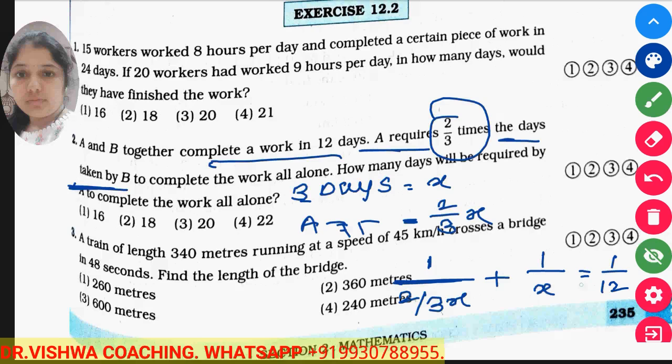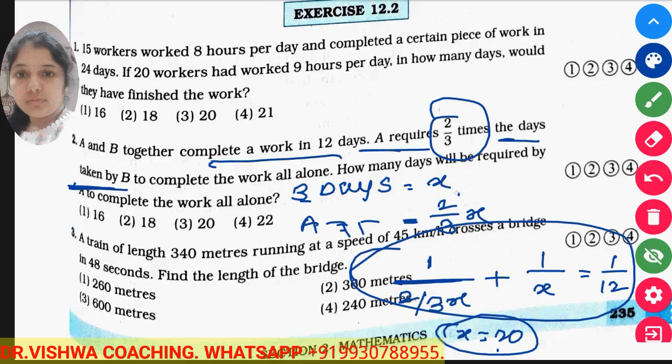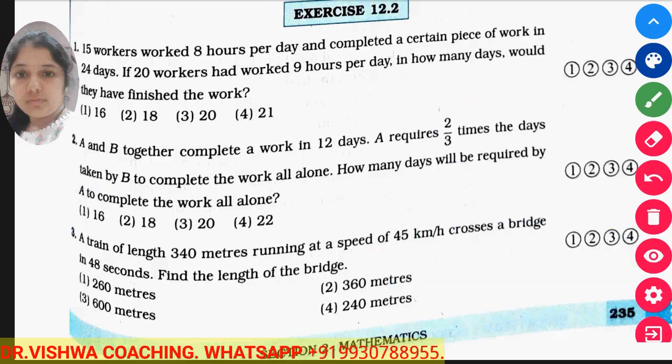So for one day, how much work have they done? 1 upon 12. By using this formula, you get the value of x as 20. Now multiply this 20 with 2 by 3 to get the days taken by A. Okay, now you can find this.